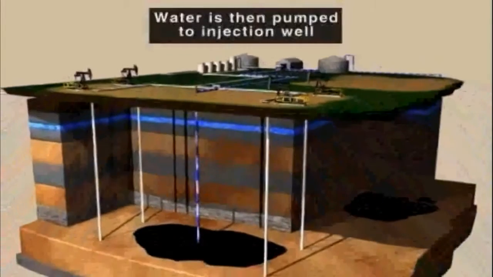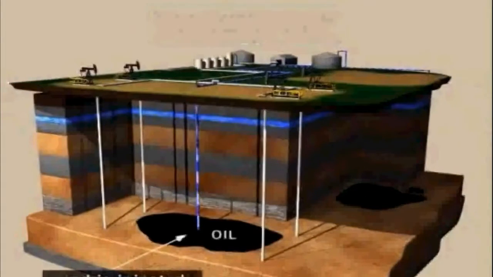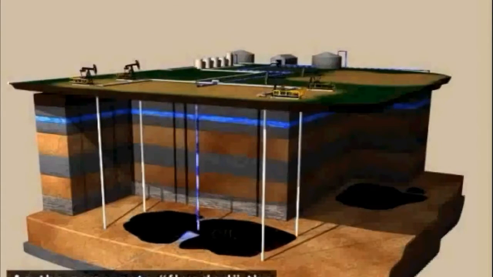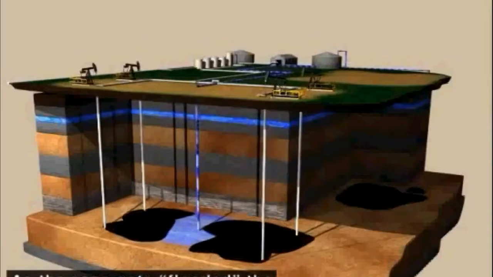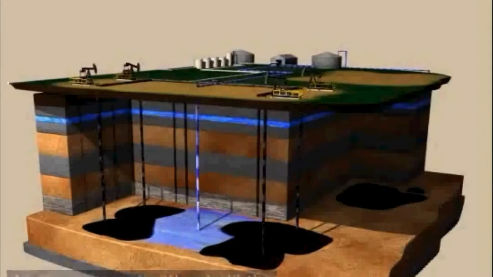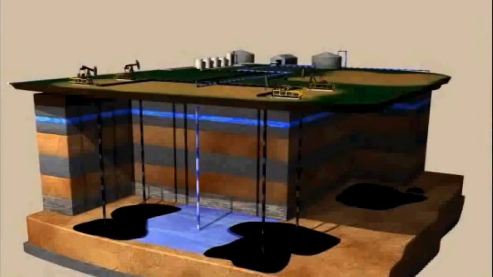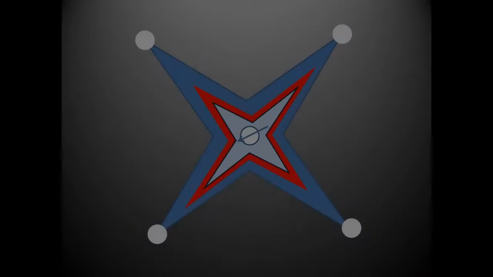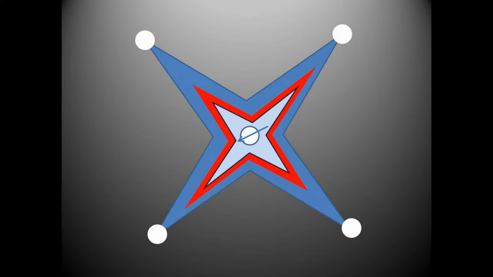The water injected from the injector well in the middle pushes the oil to the 4 producers. Because of what is known as pressure drawdown, the pressure in the injector well is different than the pressure in the producing wells. Thus, the oil flows in an X-like pattern toward the 4 producing wells.